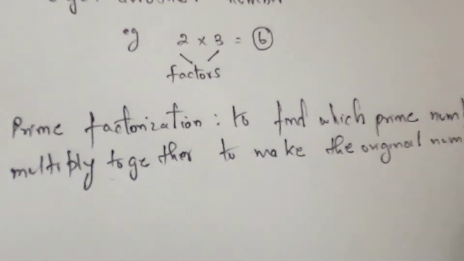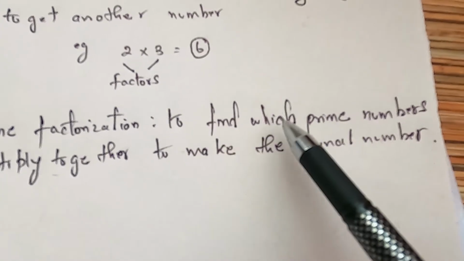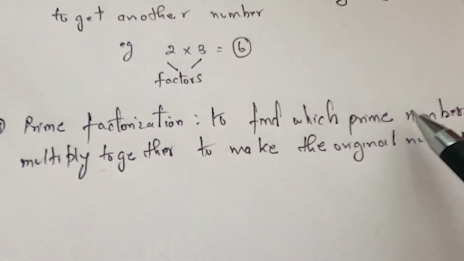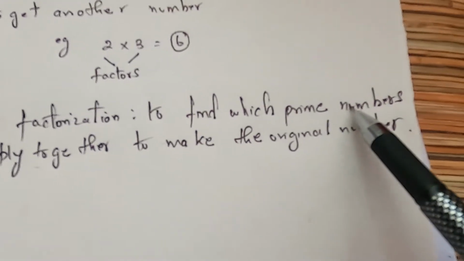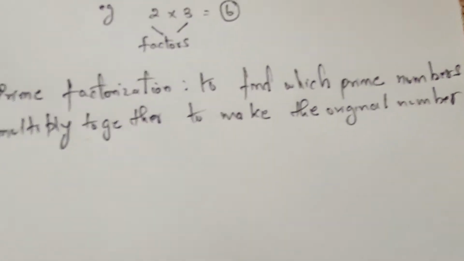So prime factorization simply means to find which prime numbers multiply together to make the original number.